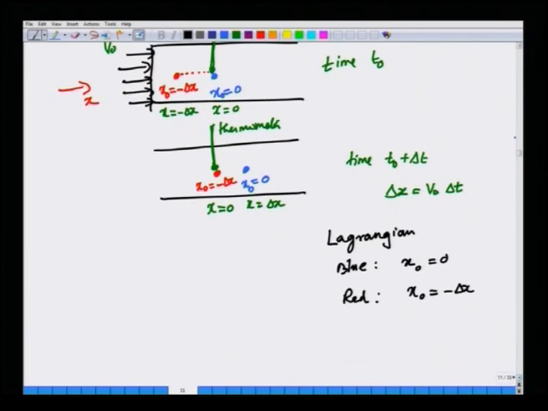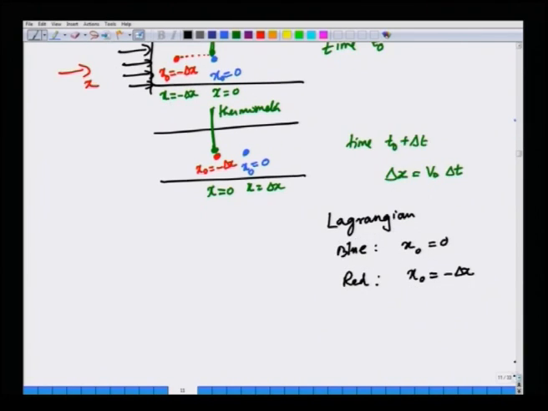But we also realize that at time t equal to t naught, the blue particle coincides with the spatial location x equal to 0, and the red particle coincides with the spatial location x equal to minus delta x. Now, what is the substantial derivative of temperature?